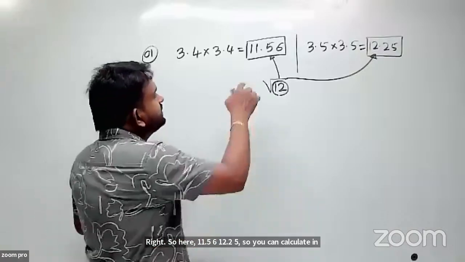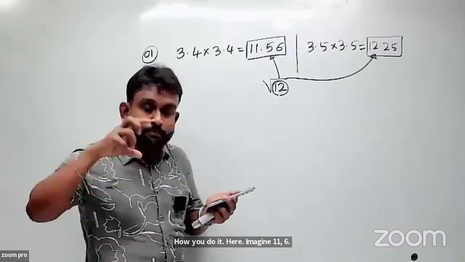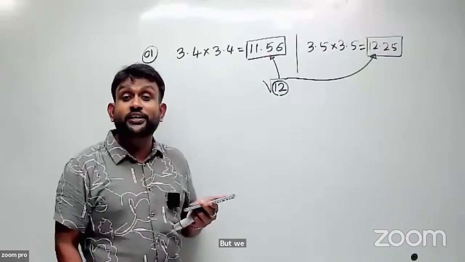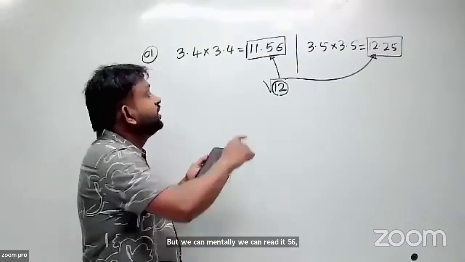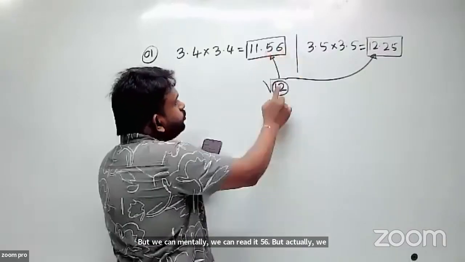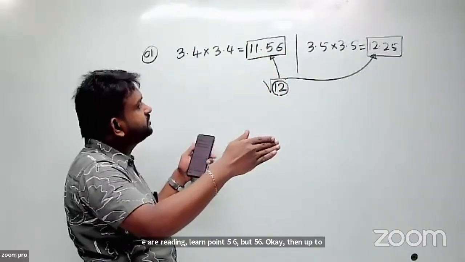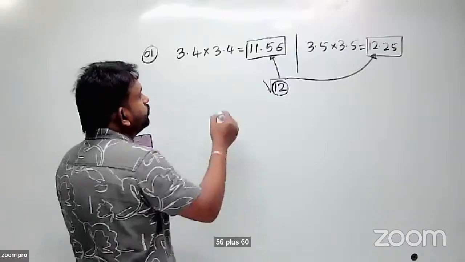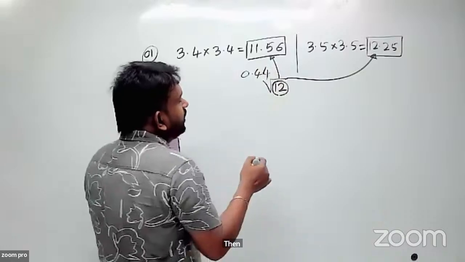How do you do it? Imagine 11.56; in your mind you can read just the 56. Up to 12 means up to 100: 56 plus 44 makes 100, so 0.44 is the balance.